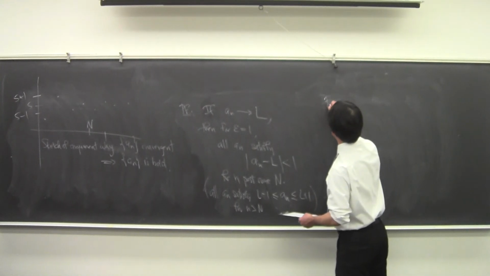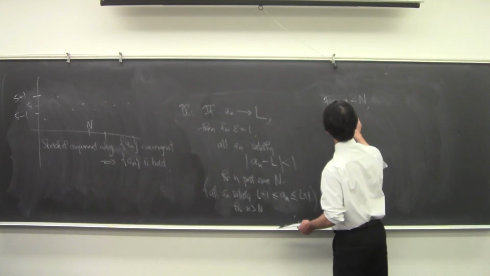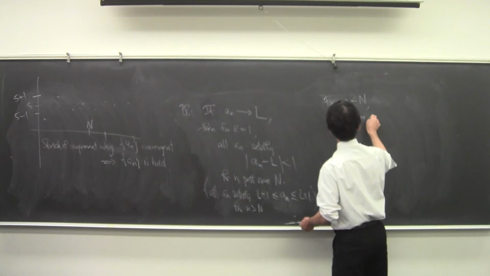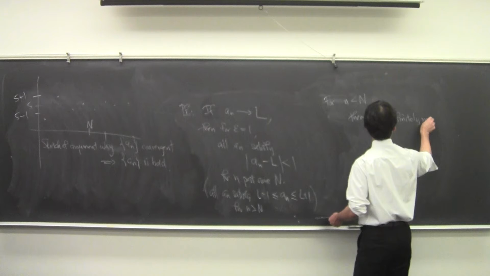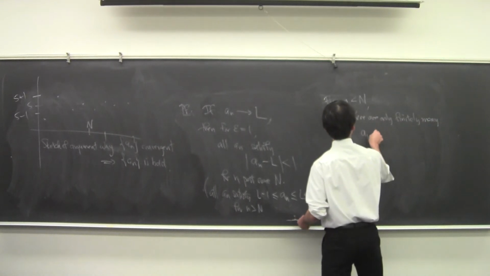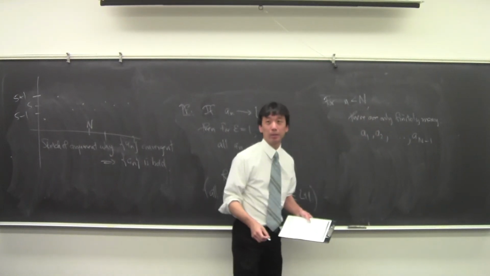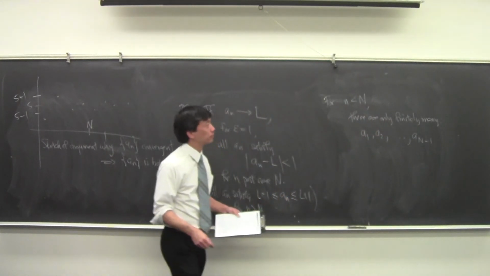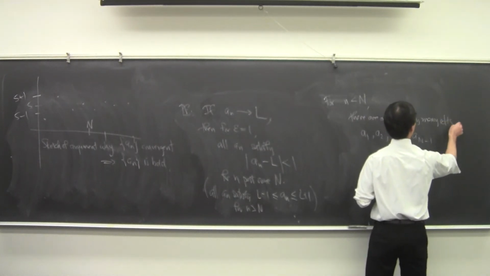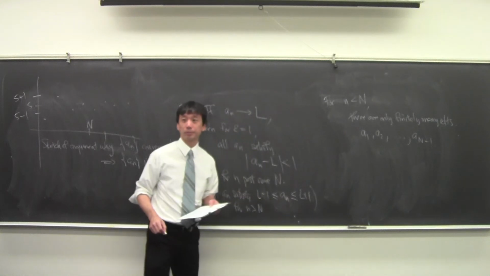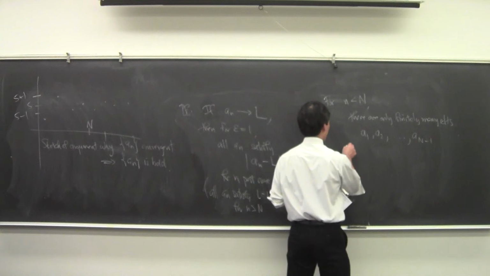Right? For n less than N, there are only finitely many. There's a1, a2, through a sub N minus 1. There are only finitely many elements of your sequence, so these are clearly bounded.